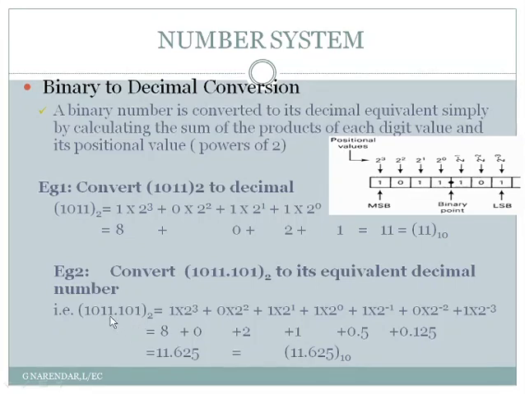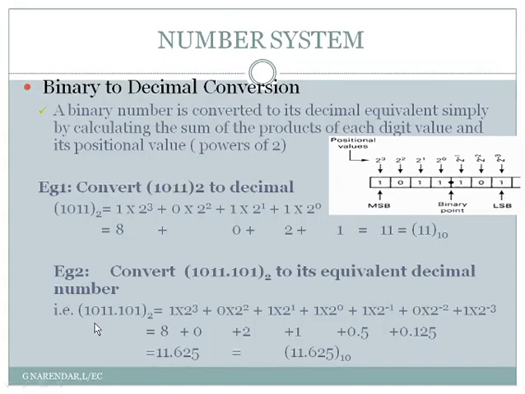And if you go towards the left side, this position has position value of 2 power 0, and this has a position value of 2 power 1, and this has 2 power 2, and this has 2 power 3.